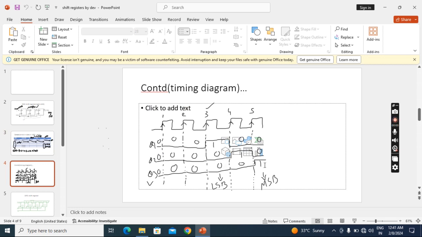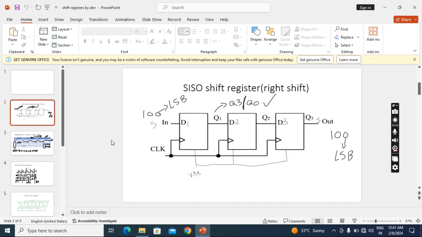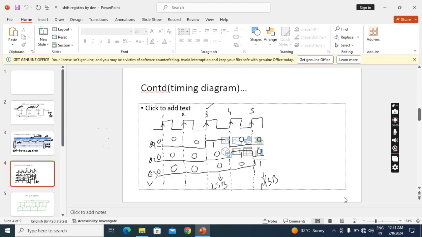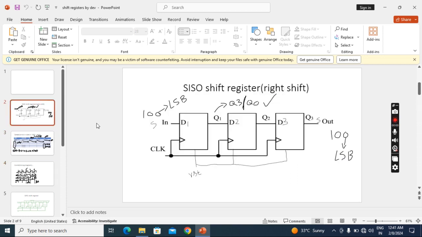Then the MSB we get here. Whatever data we applied, 100, the same 100 came here. We have to see it like this. We gave the input serially bit by bit and got the output bit by bit, serial out. So serial in, serial out.